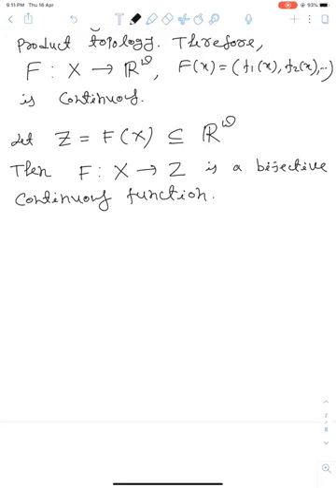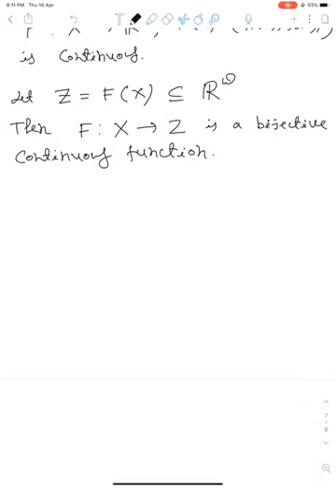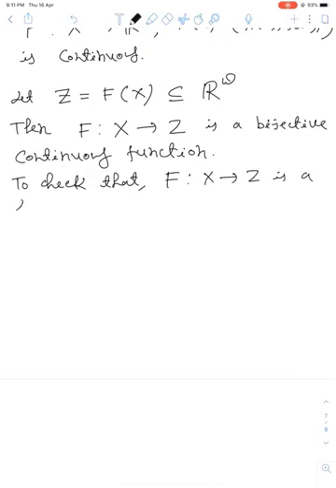Now we just restrict the codomain to the image, so it is bijective. So it is a bijective continuous function. Now to prove that f is a homeomorphism, we just need to check that open sets go to open sets.